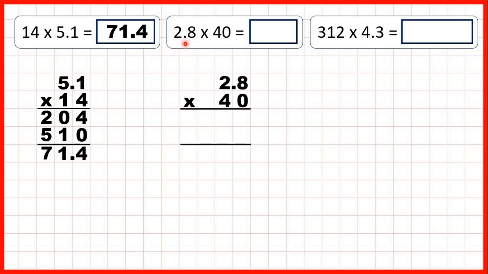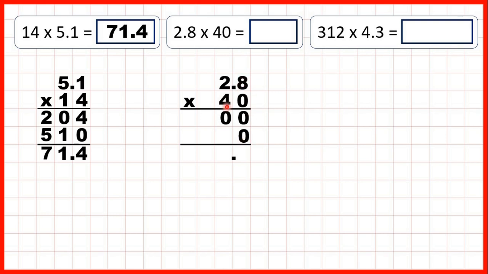Now we have 2.8 times 40. Again, we need to remember to copy the decimal point down into our answer. 8 times 0 is 0, and 2 times 0 is 0. We need a 0 as the last digit of our second answer line.